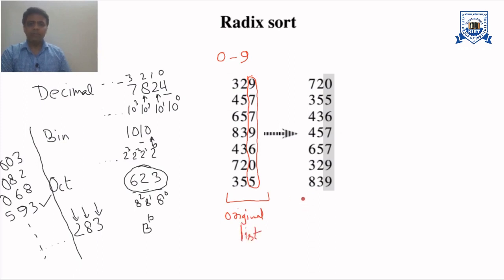Then this would be the list after the first pass, sorting on the basis of the unit place digit. So now at first position the 0 would come, then the next higher value 5, then 6, then 7, then 7, then 9 and 9. So on the basis of these digits we have performed the sorting on the numbers. This is list 1.